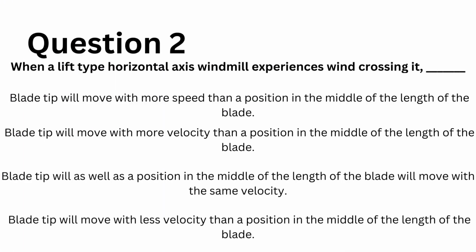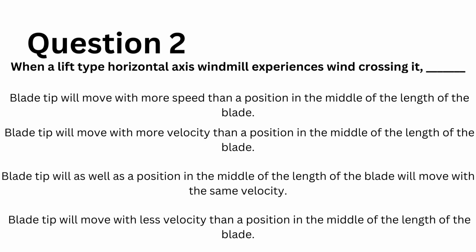Question 2. When the leaf type horizontal axis windmill experiences wind crossing it. Options: The blade tip will move with more speed than the position in the middle of the length of the blade. The blade tip will move with more velocity than the position in the middle of the length of the blade. The blade tip as well as a position in the middle of the length of the blade will move with the same velocity.